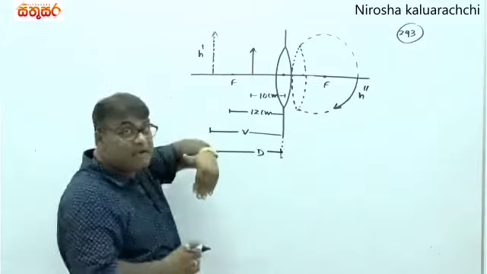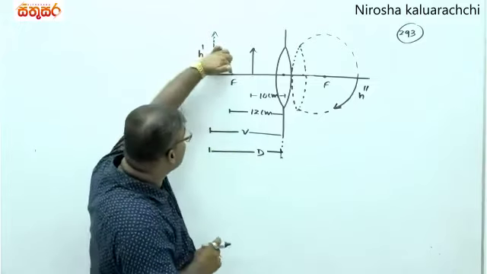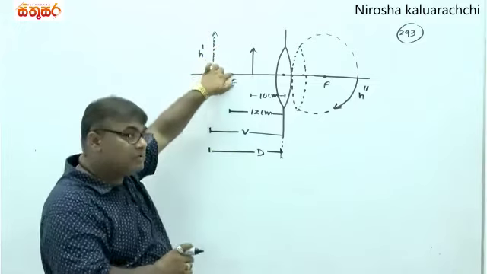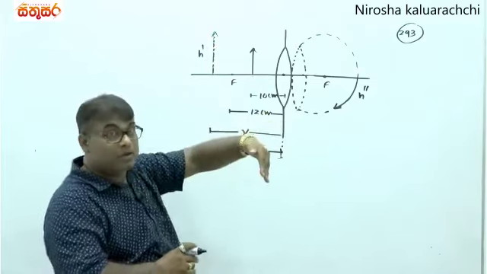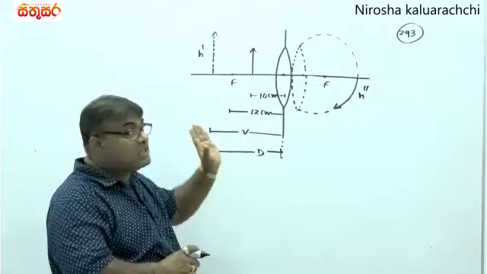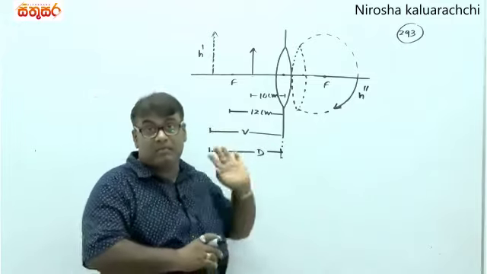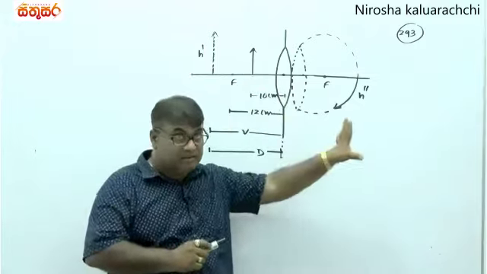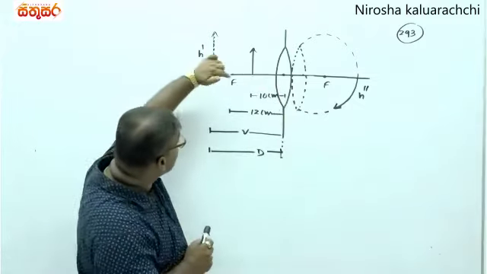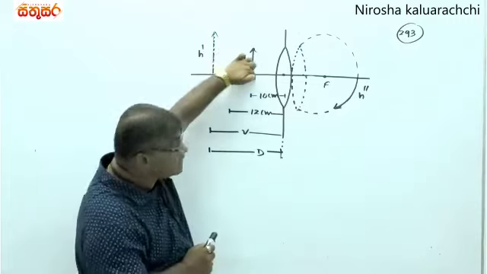Then you should understand the question. When you keep the object in between 12 and 10, but nowhere else, to see the clear image on the retina, you must keep the object within here and here.